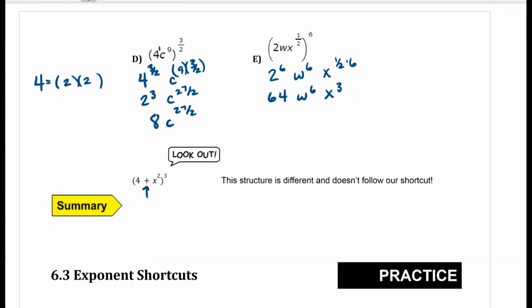Once there's a plus sign or a minus sign inside of our group or between our variables, then it doesn't fit the structure that works for our exponent rules. So remember that exponents are repeated multiplication or repeated division, and so addition or subtraction will not work with these rules. So we just need to leave this one alone.